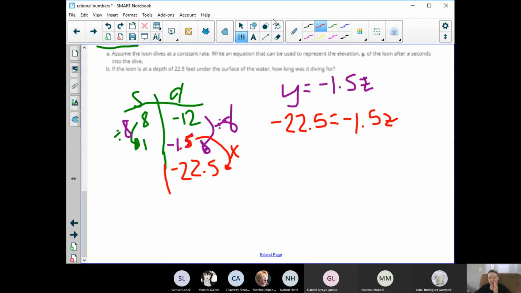What's the opposite of multiplication? Right.